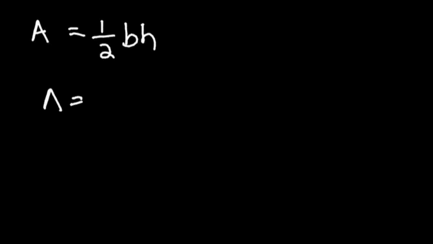Now, with the area of a triangle, the formula is different. So area equals half of base times height, which can be written like this as well. So now let's make a triangle, and I'll give you an example of how to use this formula.